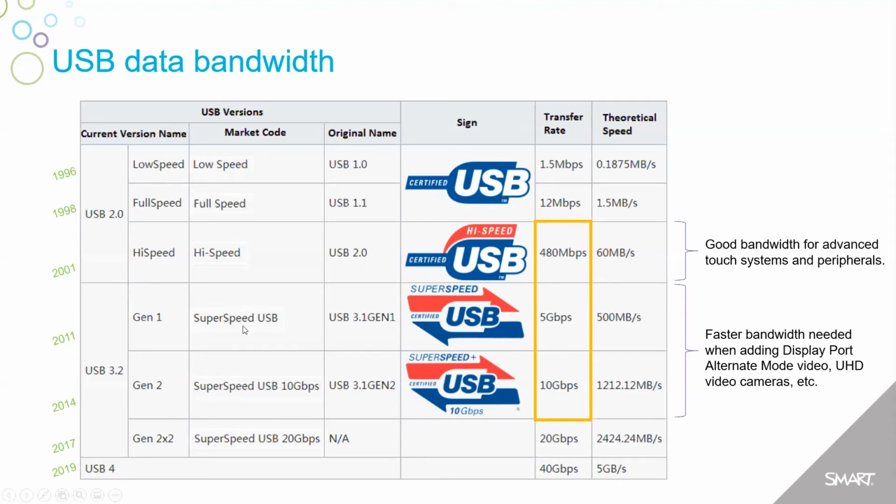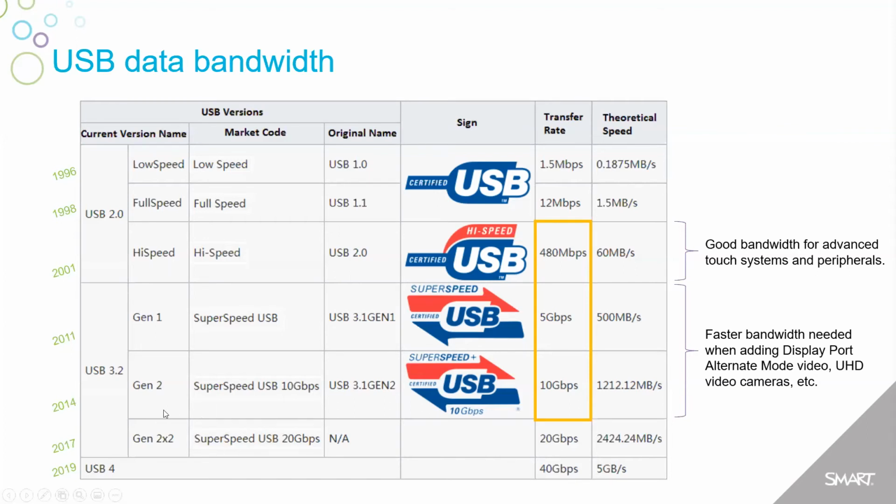So we get into the USB 3.2 Gen 1, which used to be called USB 3.0 or USB 3.1 Gen 1, which is a super speed USB cable. That's capable of 5 gigabits per second, almost 10 times the bandwidth of the older high-speed USB 2.0 cables.